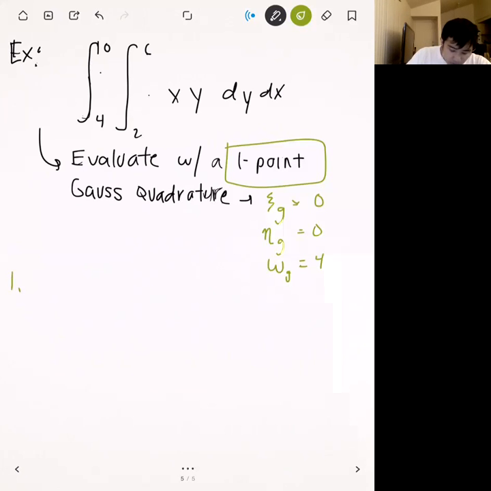Let's start with step 1. Step 1 is to establish the parametric coordinates for this Gauss point.